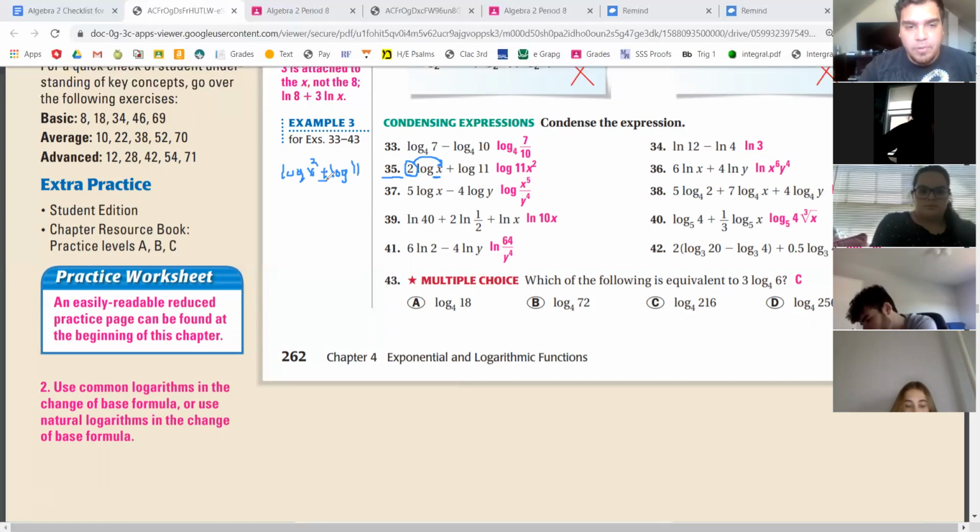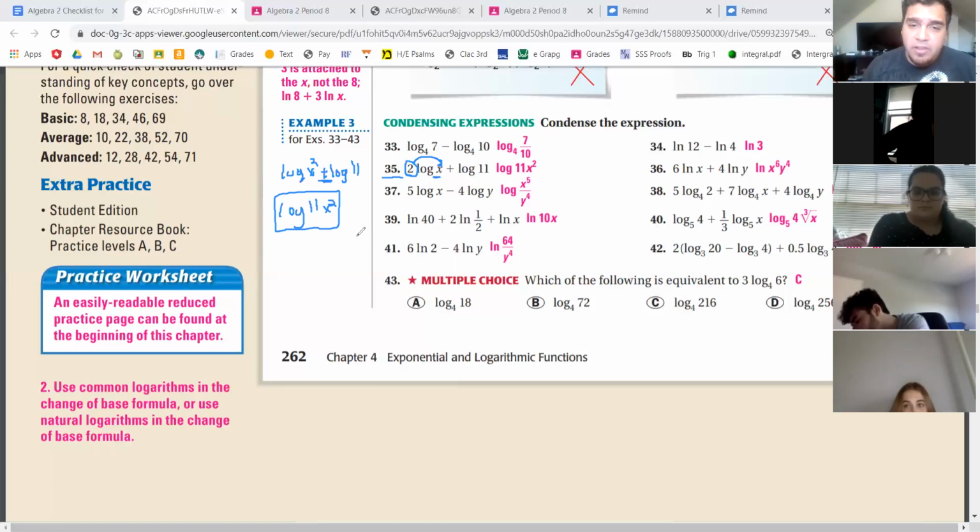Because there's a plus sign, we can multiply them together. So it ends up being log 11x squared. Usually you put your constants, your normal numbers, first, but if you wrote x squared 11, you'll be fine. So when you condense, you're just doing the opposite.